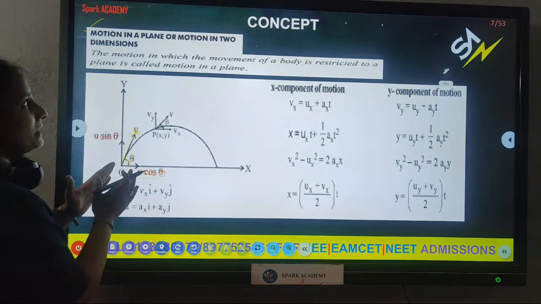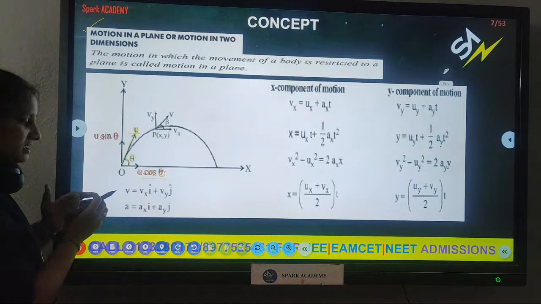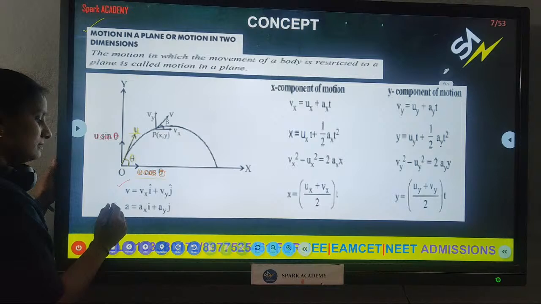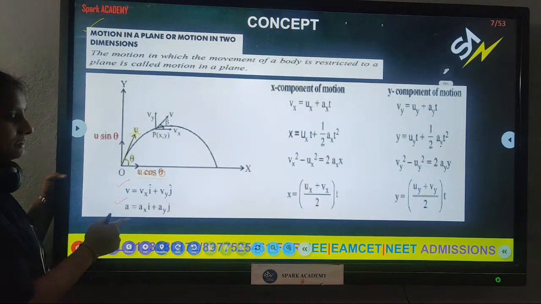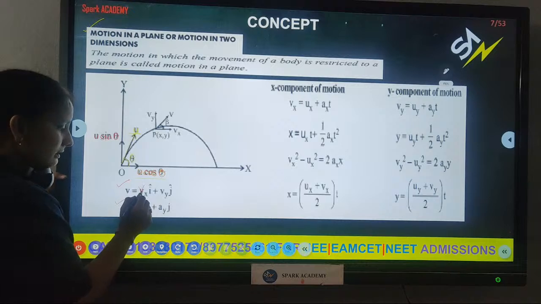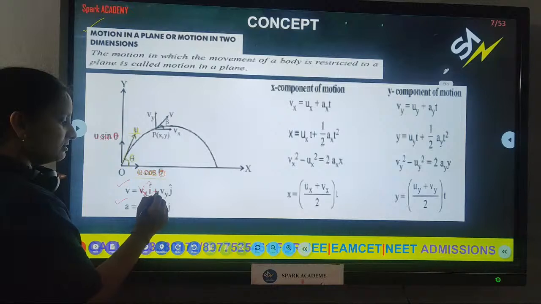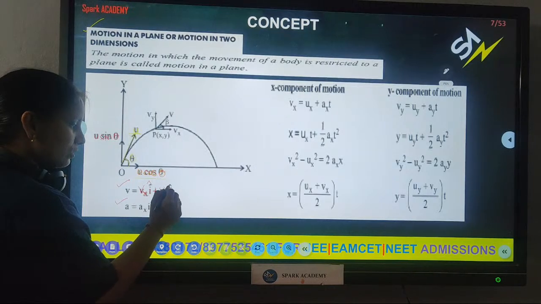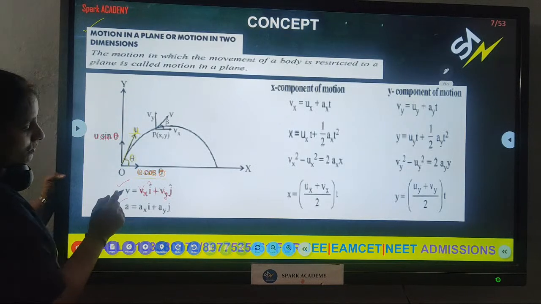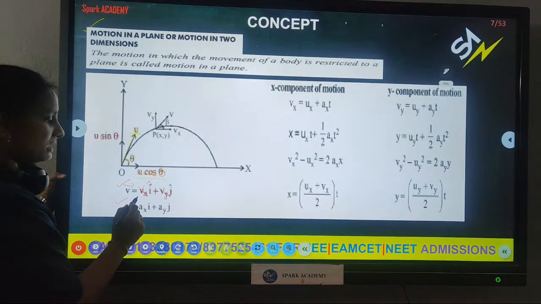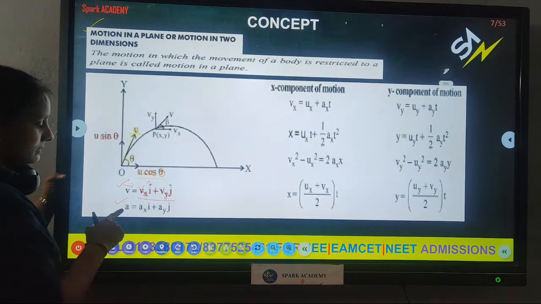In motion in a plane, or motion in two dimensions, the velocity vector and acceleration vector can be resolved into their components. Let us see here. The velocity has a component along the x direction and along the y direction. So the v vector can be resolved into its components.